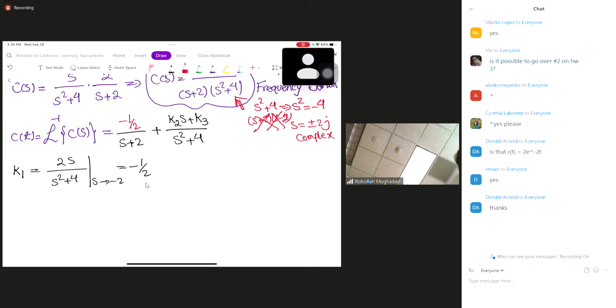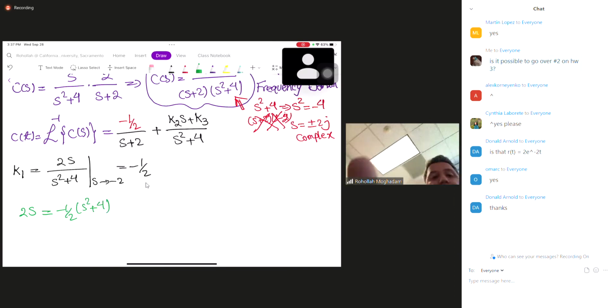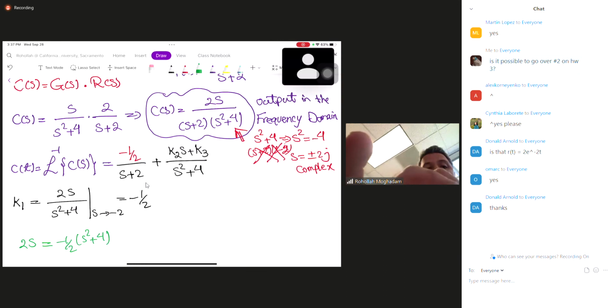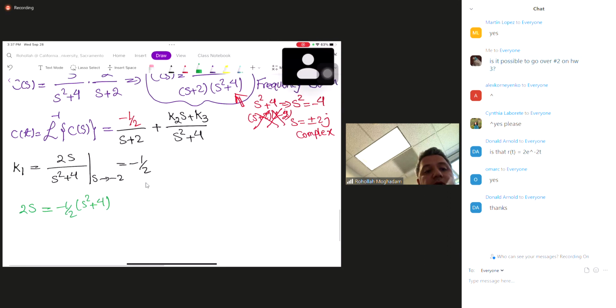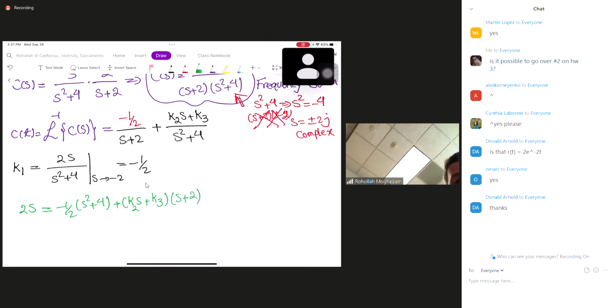I don't want to go through all those details. This becomes 2s equals -1/2 times s squared plus 4, because the denominators are going to be the same as the denominator of C of s, and we just need to make the numerators equal in order to find k2 and k3, plus k2s plus k3 times s plus 2, right?